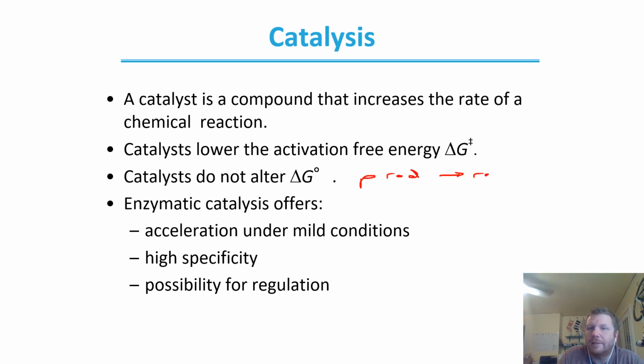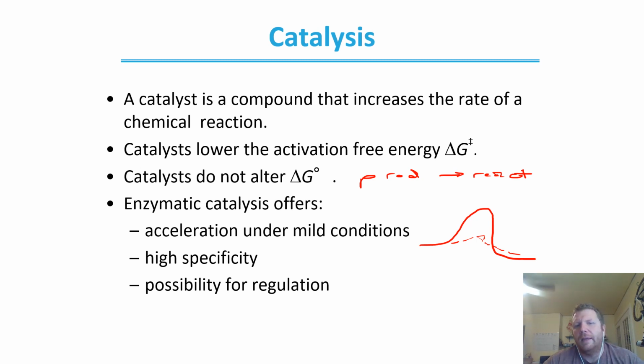Okay, so the overall energy change from our products to our reactants. So if we think about a free energy diagram, we're looking at something like this. And if we look at the introduction of an enzyme, that's not drawn particularly well. And on the next slide, we're going to see what it looks like.